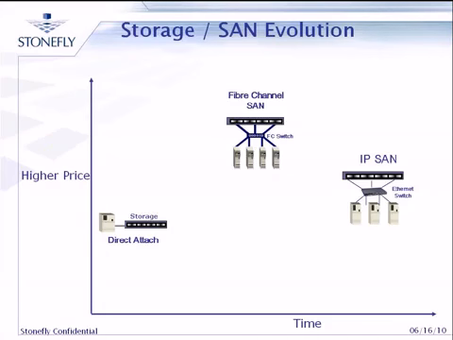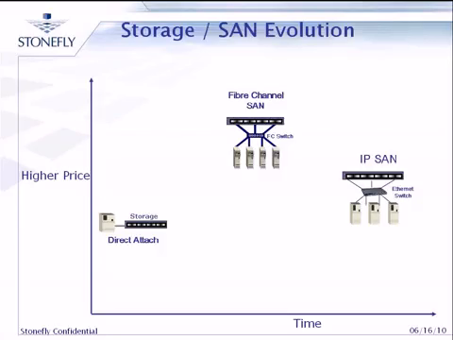Storage evolution: if you look at the time, if you go backward, storage used to be directly attached to the servers. There were a bunch of different technologies, but mainly one storage was attached to one server. So that's how storage used to be. Then Fibre Channel SAN started, which consolidated storage into a central storage that multiple servers could use.